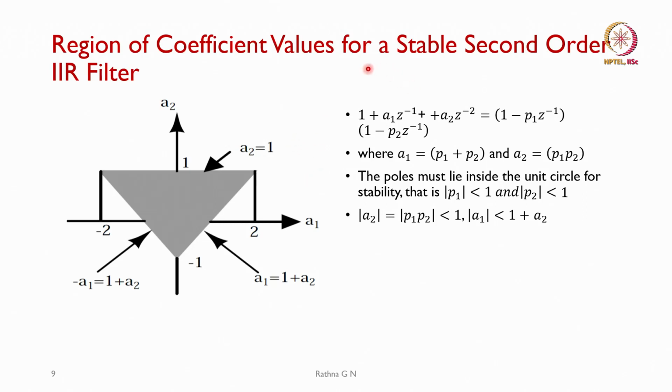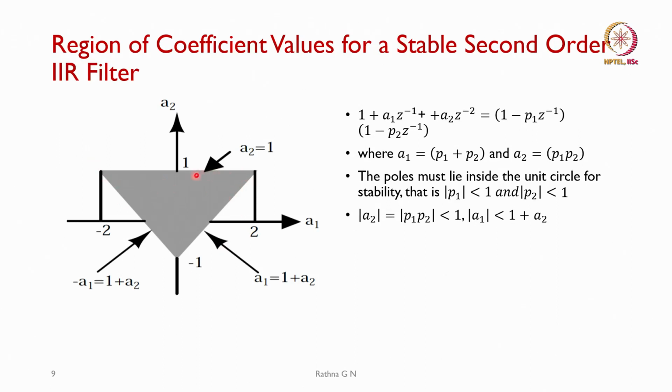So, we will see the coefficient values for a stable second order IIR filter. What should be the region for it? We say these are our coefficients A1 and A2 that we are representing. Most of the time it is the poles which cause instability for the filter. So, we consider the A1 and A2 coefficients plotted, and we call this the triangle which is going to be represented.